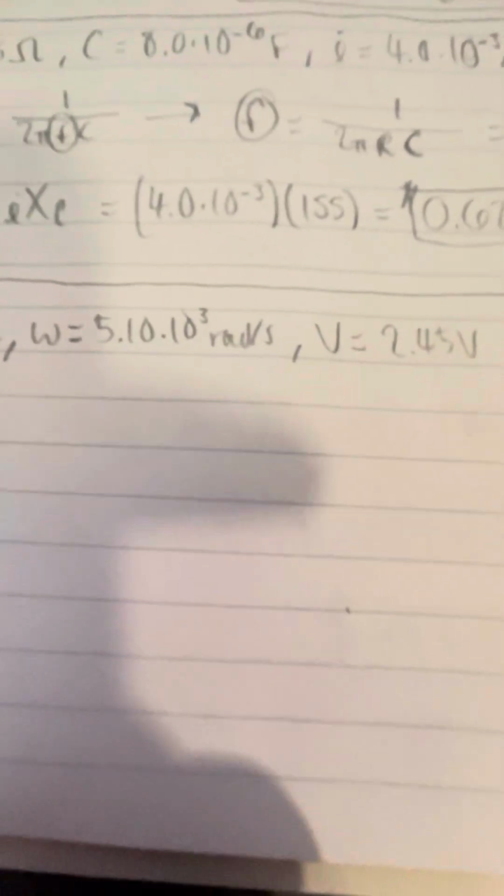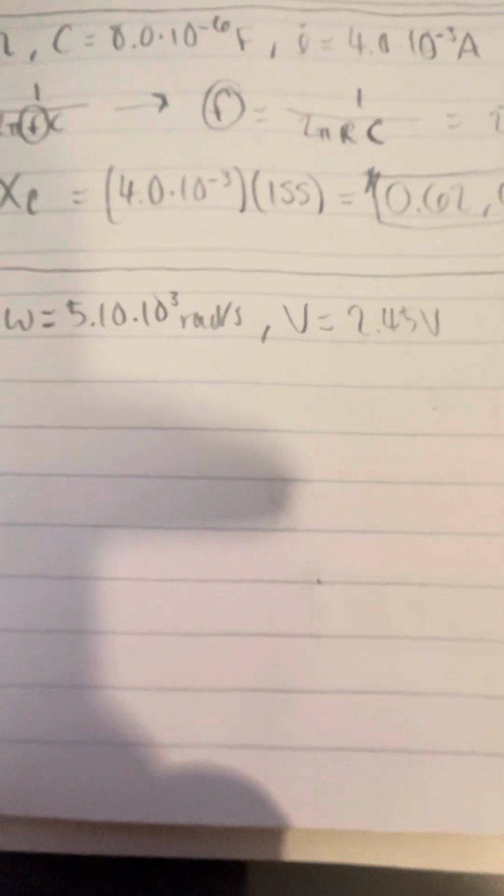The amplitude of resistor voltage is 2.45 volts. And the current in the circuit has its maximum positive value at t equals 0. So at the very beginning, find the current amplitude. So let's see.